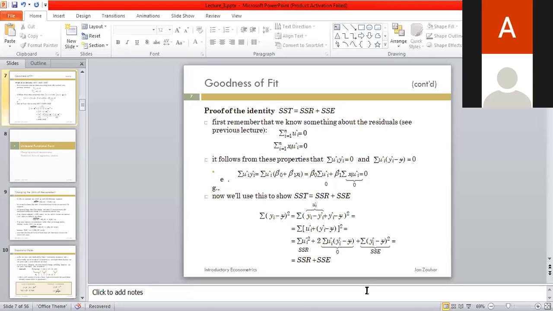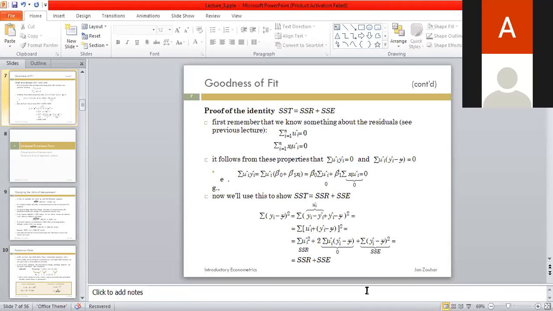If independent variable X can explain dependent variable Y a lot, then it's a very good fit. If it can explain very little part of Y, then the fit is bad.